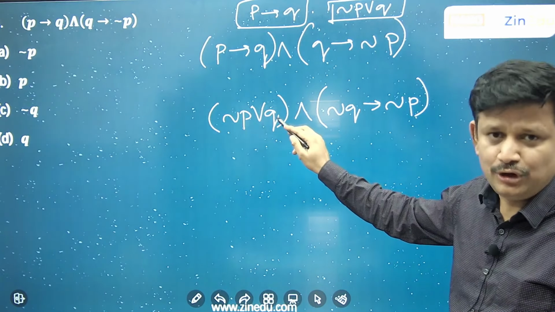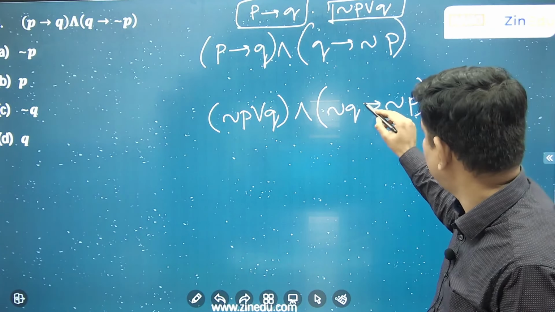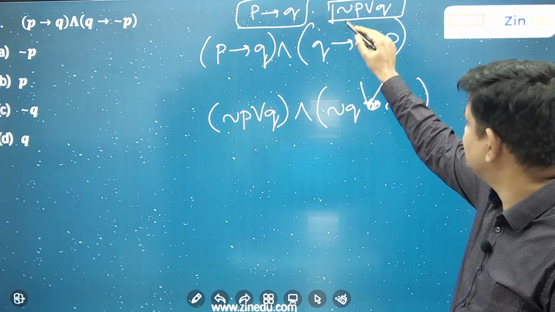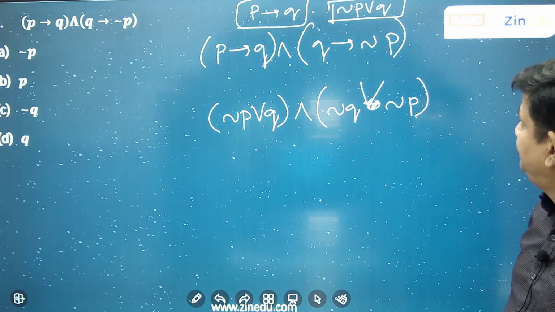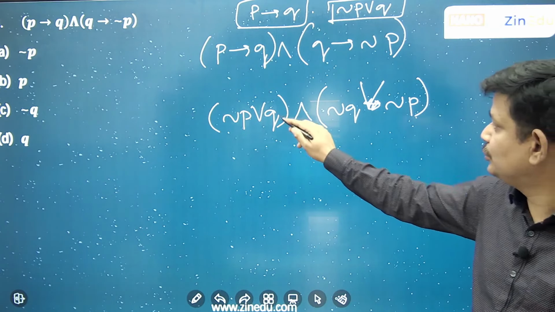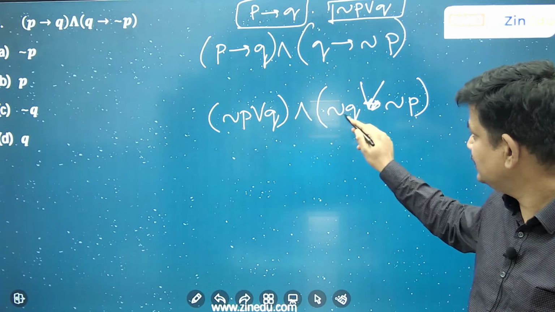This part I have Q, and this is R. Negation Q or negation P. So Q I have here and negation Q I have here. Their intersection will be a null set. So none of these Q elements matter, none of these negation Q elements matter.